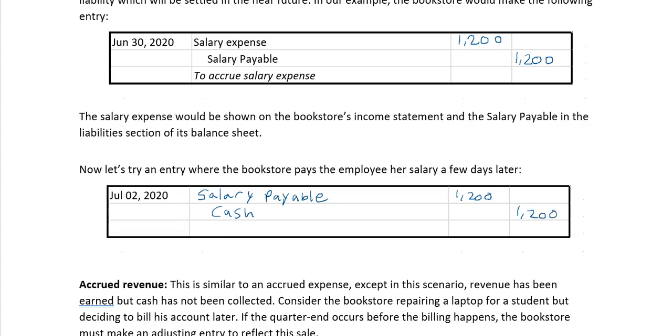So we'll credit 1,200 as cash. And we'll write a brief description here. I'm just going to write down paid owed salary to employee.